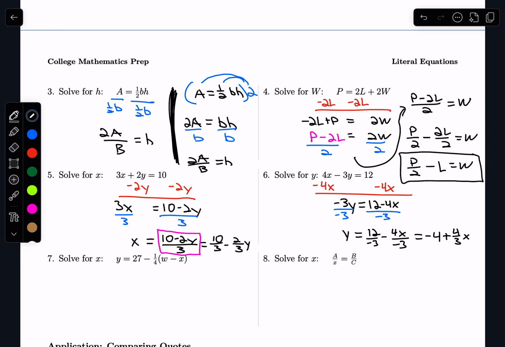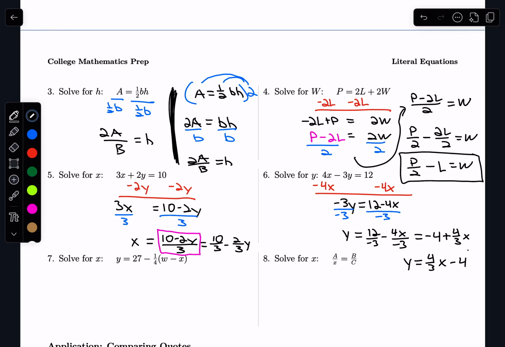All right, so now you're thinking, wait, that answer is not good enough because you said don't put the negative sign in front. That's what I told you up here with -2l plus p. We preferred p minus 2l. Same deal down here. -4 plus 4/3 x. It is better to write it as 4 over 3x minus 4.